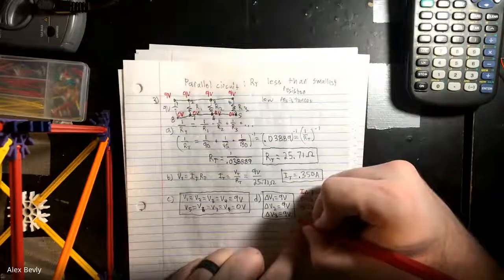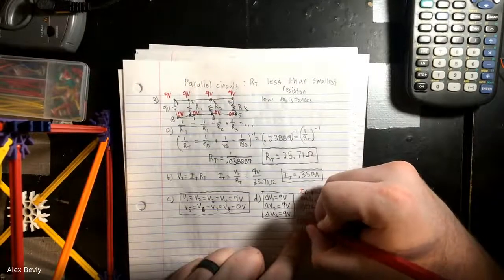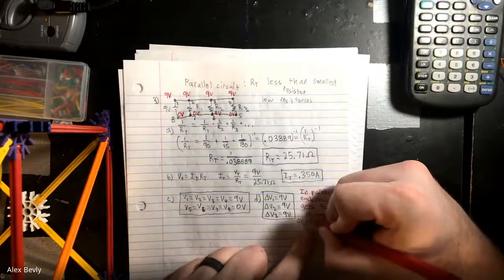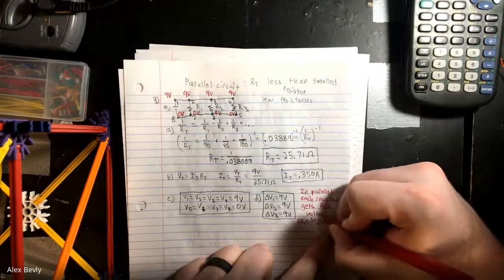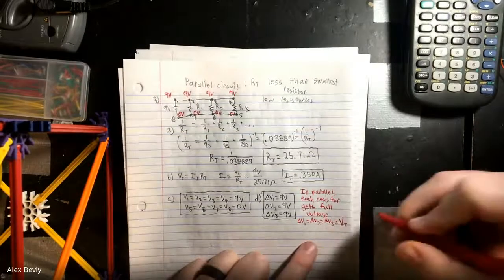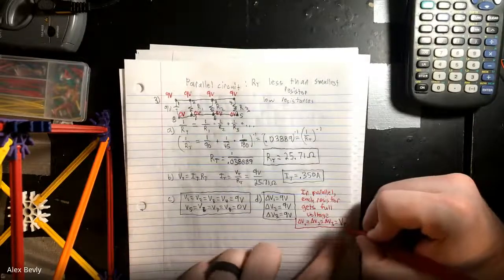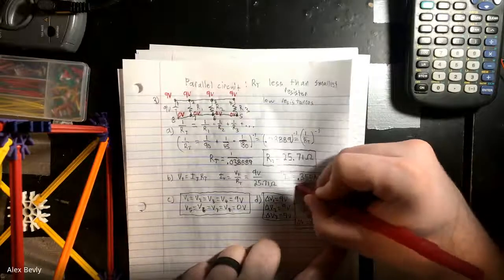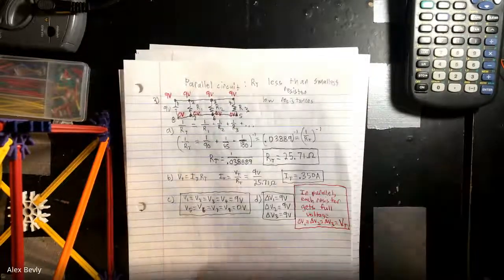Or I could write the voltage drop for resistor 1 equals the voltage drop for resistor 2 equals the voltage drop for resistor 3 equals our total voltage.